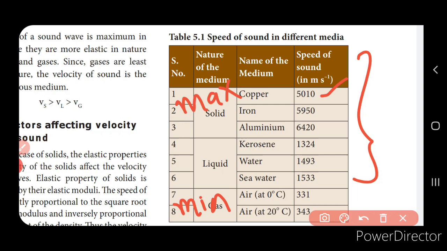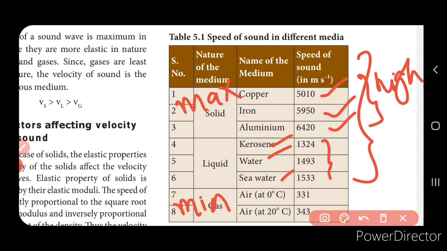For example, copper, iron, aluminium have a high speed, isn't it? The speed of the sound is high in these solid media. And if you see kerosene, water and seawater, compared to the solids, it is quite less. And air at 0 degrees C and air at 20 degrees C is very least. So it is minimum in the gaseous medium and maximum in the solid medium.